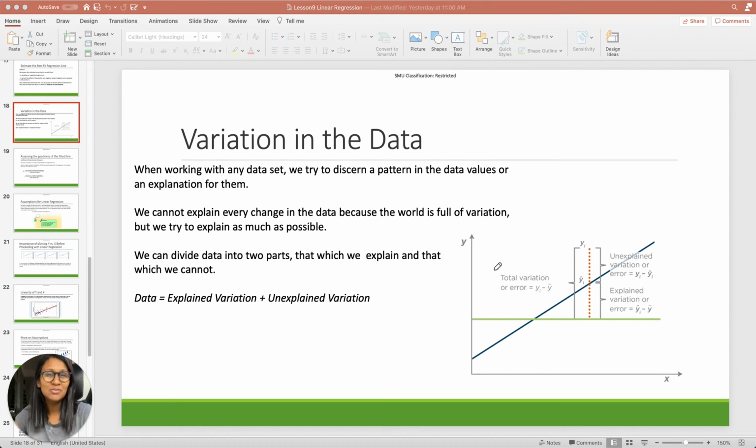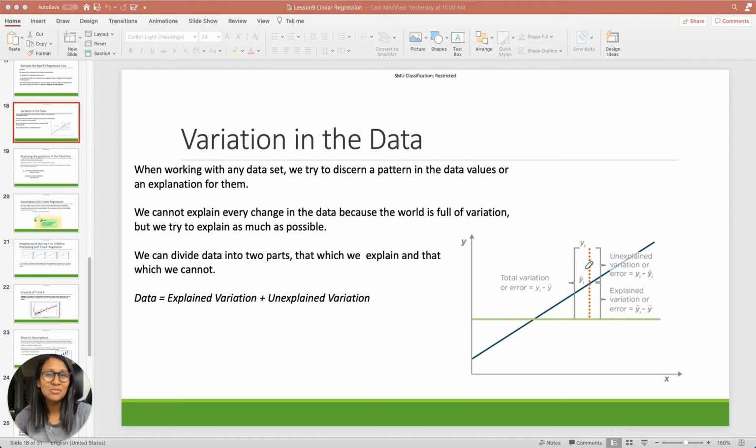Now y is your target variable, and the green line represents the mean of y, which I'm going to represent by y bar. The blue line is the regression line, and the green line is the mean of y.